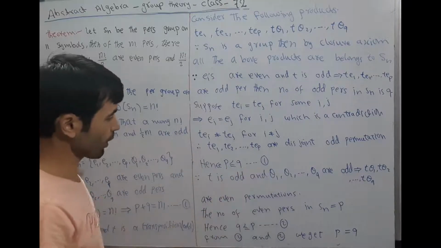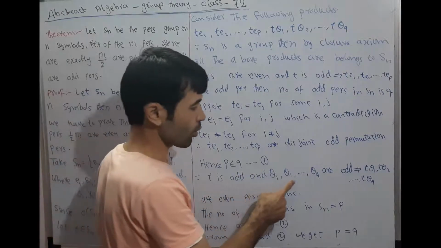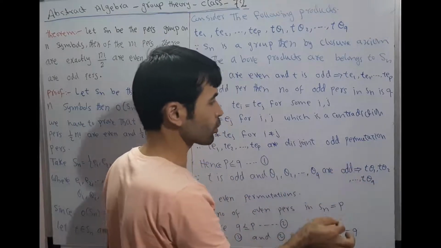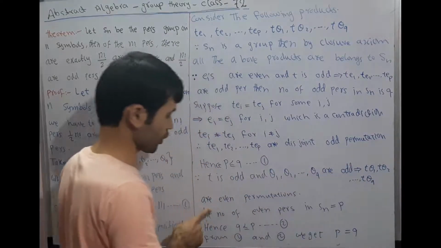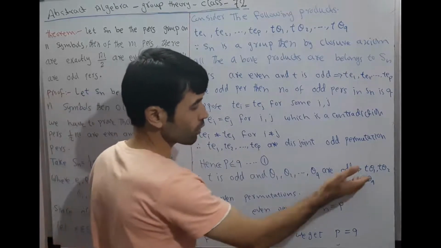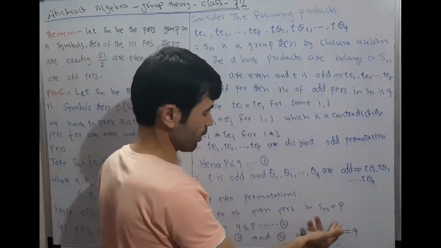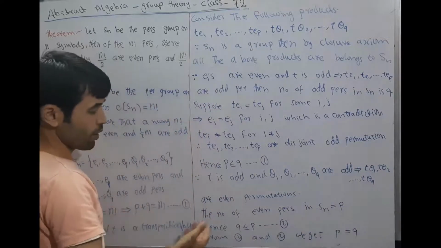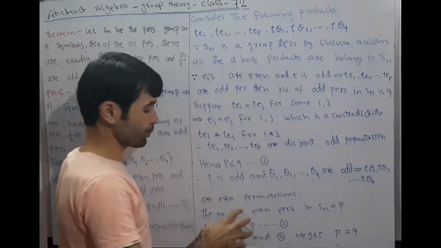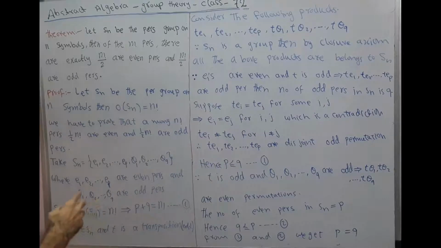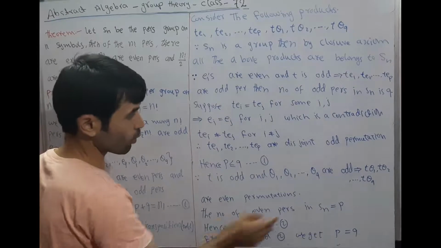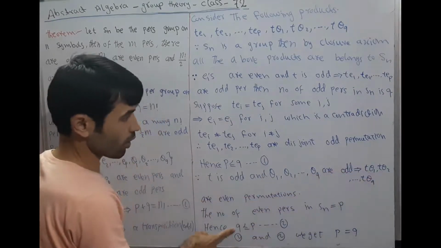It is relation 1. Since T is odd and theta 1, theta 2, and so on, theta Q are odd, the product of odd permutation and odd permutation will be an even permutation. Then the number of even permutations in Sn is equal to P. Hence Q is less than or equal to P. P is the general count of even permutations which contains all even permutations.